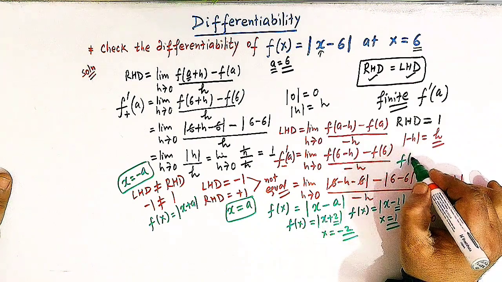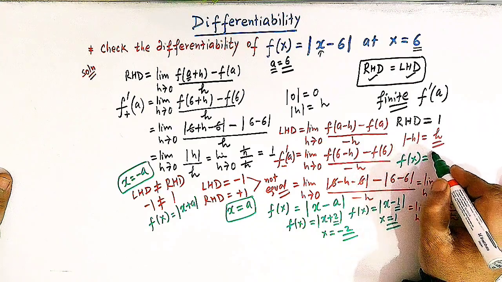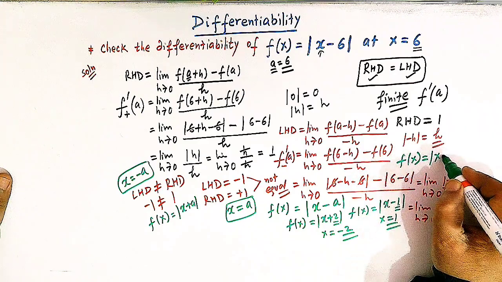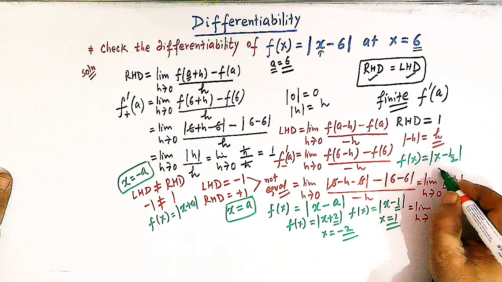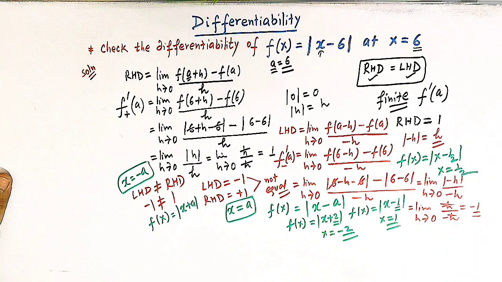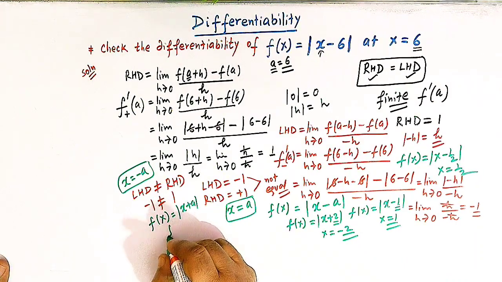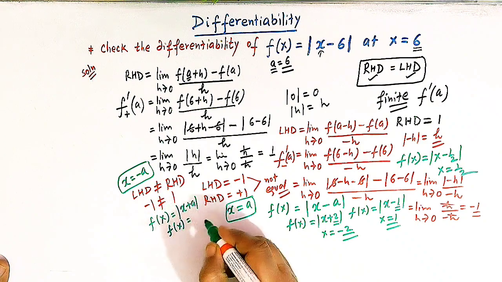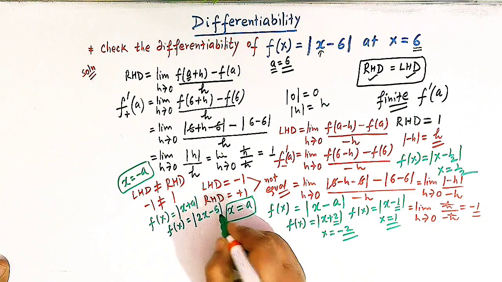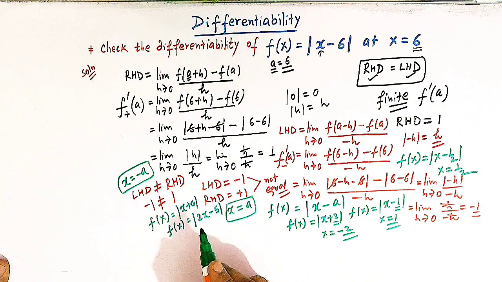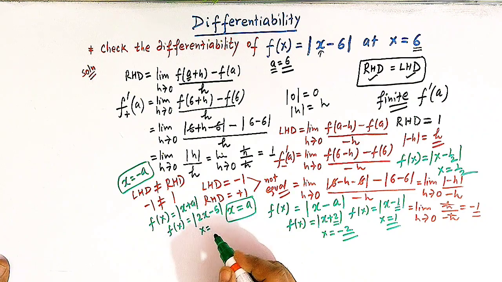Similarly, we can take another example. If we have a function f of x that is mod of x minus half, then this function is not differentiable at x equal to half. Now similarly, if we have a function f of x equal to mod of 2x minus 5, then this function is not differentiable at x equal to 5 by 2, right?